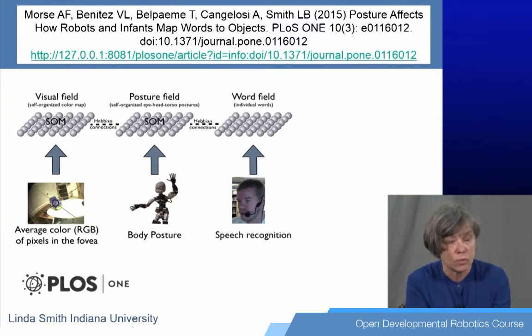They showed that was true in the robot, and then in this paper, the PLOS paper cited here, we went and tested that novel, never-thought-of-before prediction in babies, and it is true of 18-month-olds.